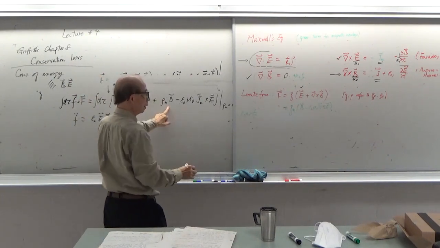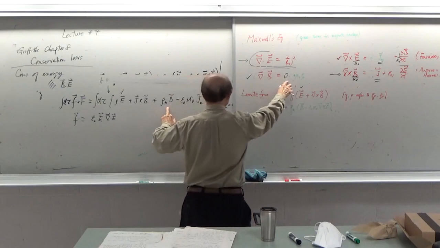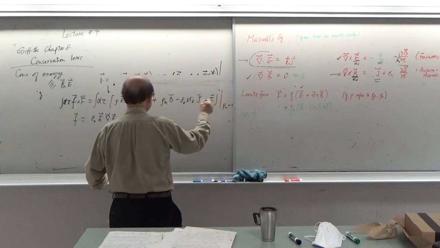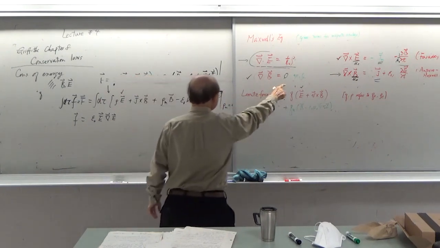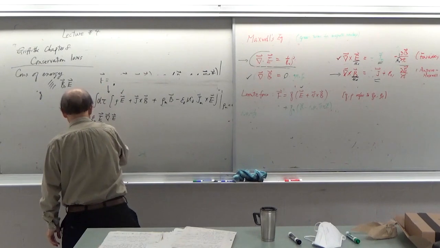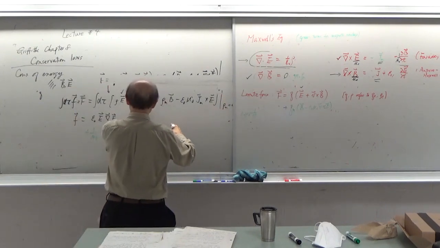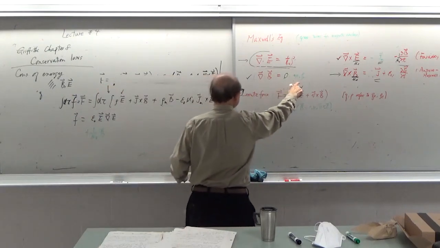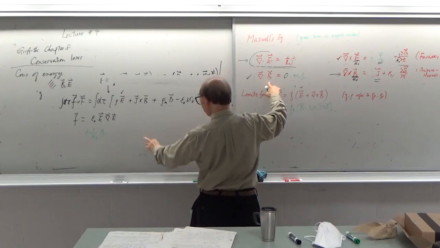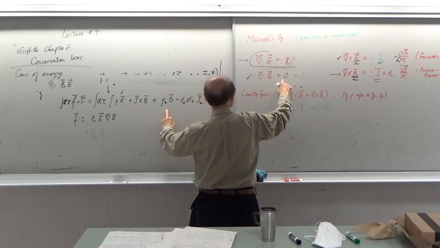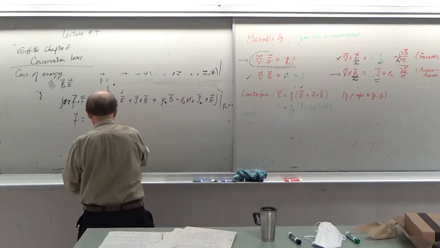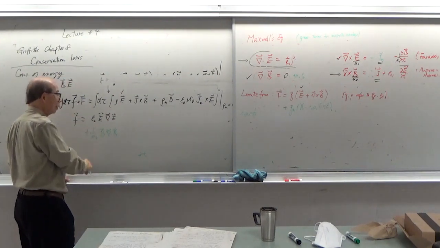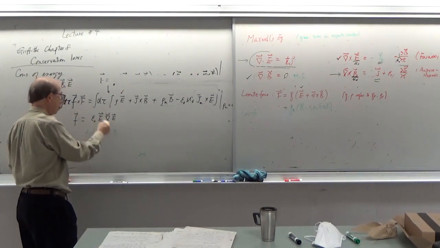I can write down the analogous term here. Let me use green color for this term. So that is plus 1 over mu naught B times the divergence of B. And you can check for yourself very easily that under duality transformation, this term goes with this term and vice versa.